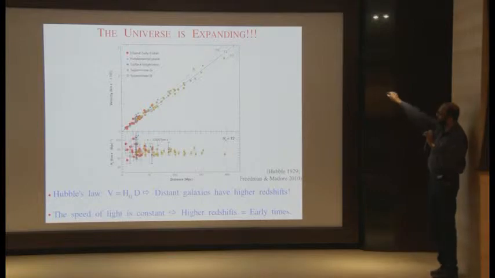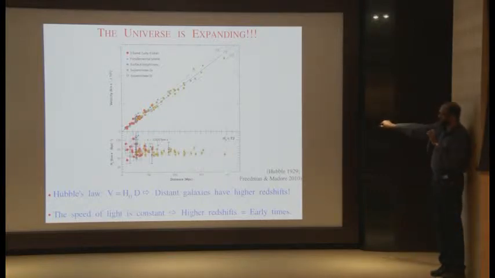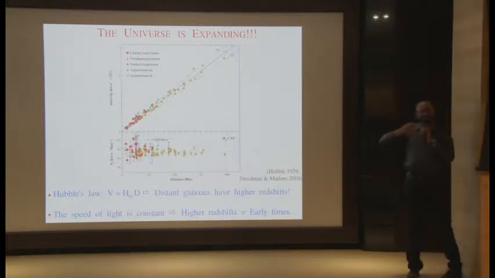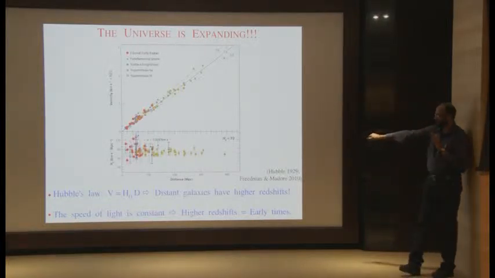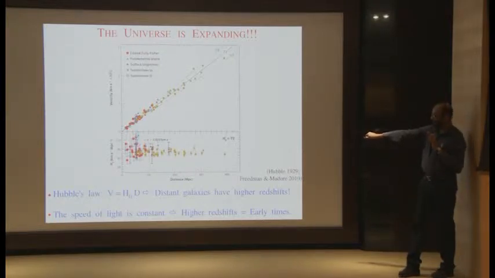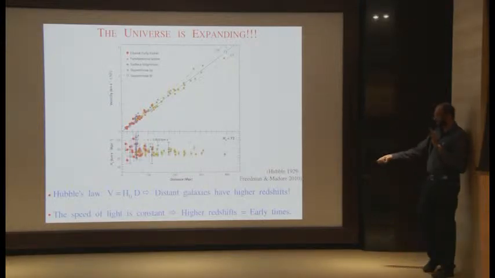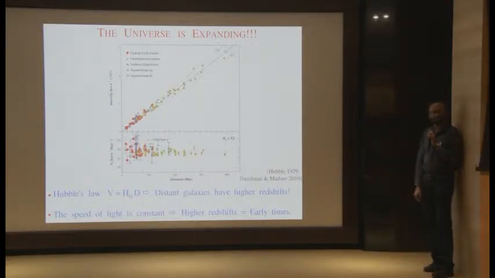And you can see that as we go to larger distances, the velocities are more. So galaxies are moving away from us, and the further the galaxy is from us, the faster it's moving. This is called Hubble's law: the velocity is proportional to the distance, with a proportionality constant called the Hubble constant. Distant galaxies have higher redshifts.